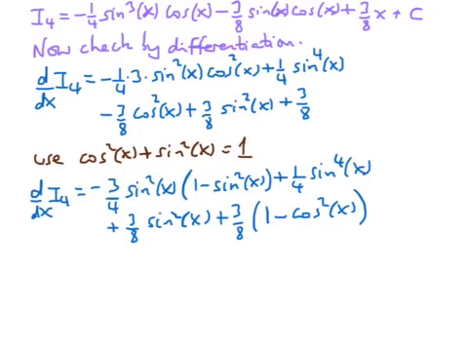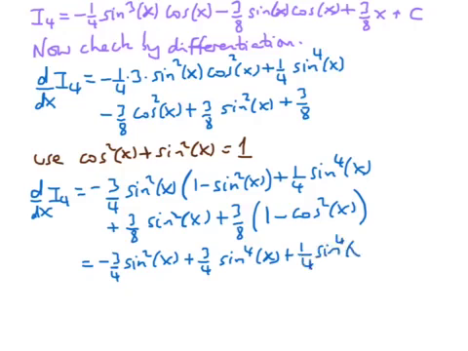So what I therefore have is that the derivative of our result for the integral is minus 3/4, I'm now expanding these brackets here, minus 3/4 sine squared x plus 3/4 sine to the fourth of x, because I've got sine squared times sine squared, plus 1/4 sine to the fourth of x, and that's very nice because these two terms are going to come together to give us 1 times sine to the fourth of x, which is the result we want.